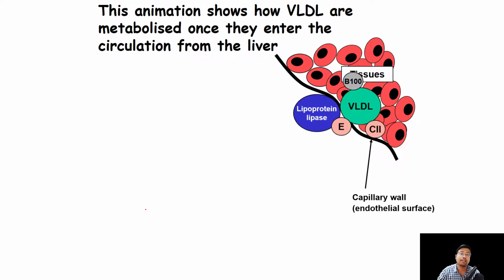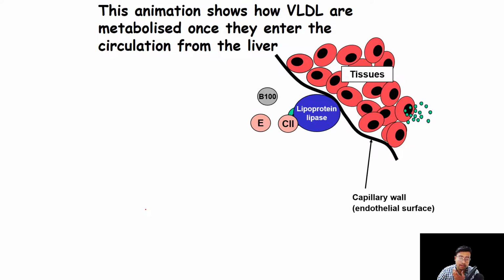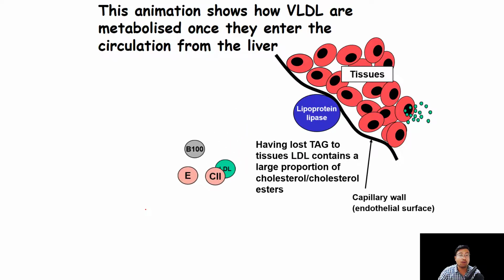Then they are acted upon by lipoprotein lipase in the tissues, which degrades the TG, and they go into the extrahepatic tissues, and having lost the triacylglycerol, they are converted to LDL. There is an intermediate step, IDL, intermediate density lipoprotein, which contains equal amounts of TG and cholesterol.